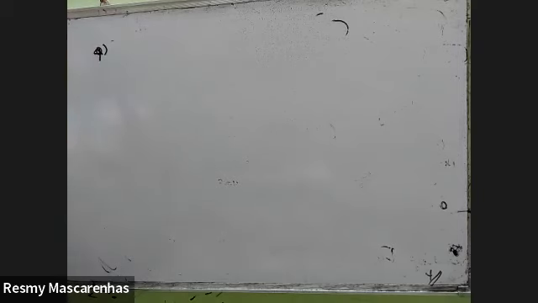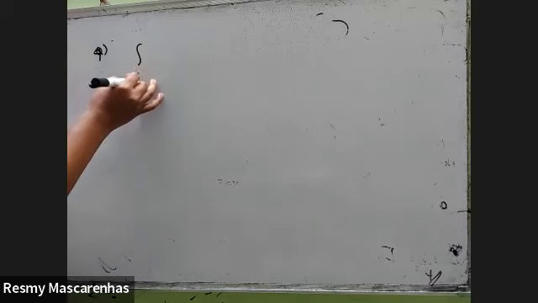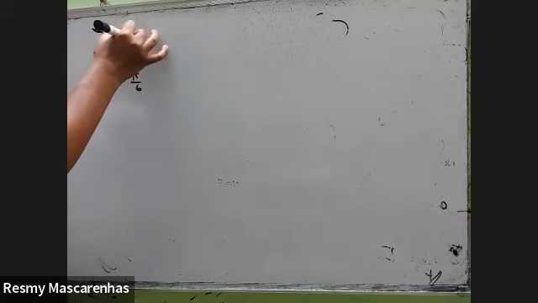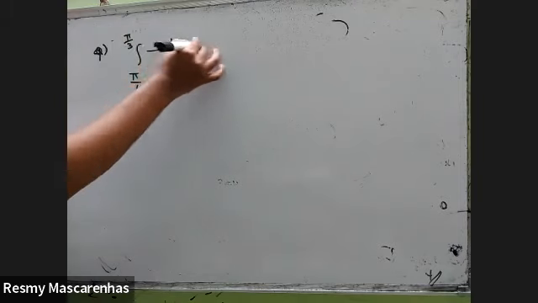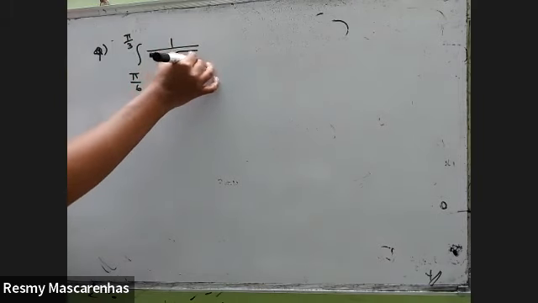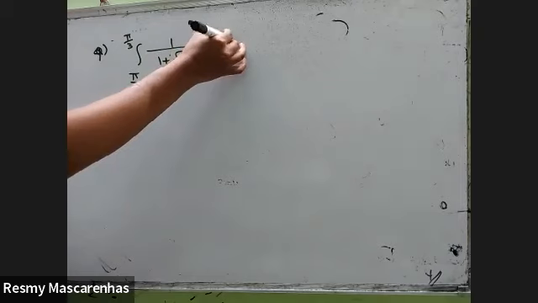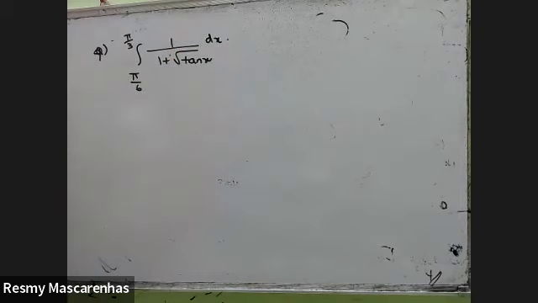Fourth one, suppose if we have pi by 6 now. Now this is not 0 to a, this is a to b.